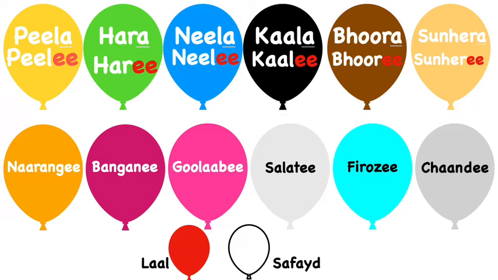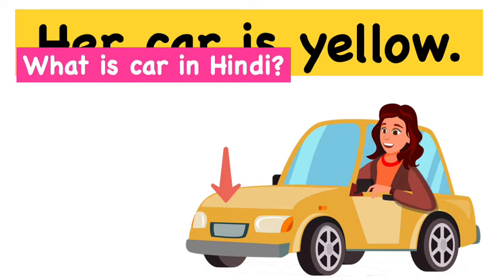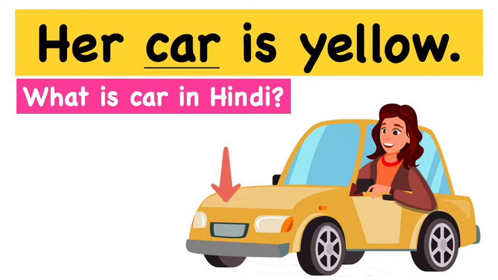The other colors that do not end with a don't change, regardless of whether the noun that's being described is a pull or a stree noun. So when we have the sentence, her car is yellow, the word for car is gadi, and that word is the determiner for all of the other words in the sentence. Gadi, car in Hindi again is gadi, and is that pull or stree?